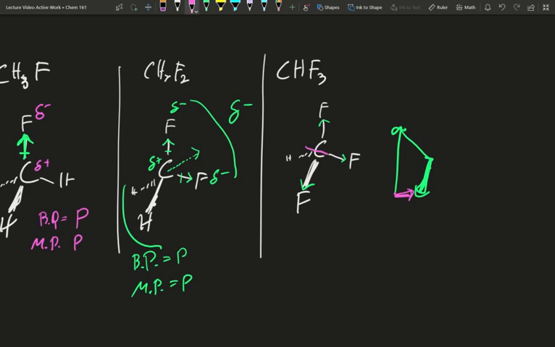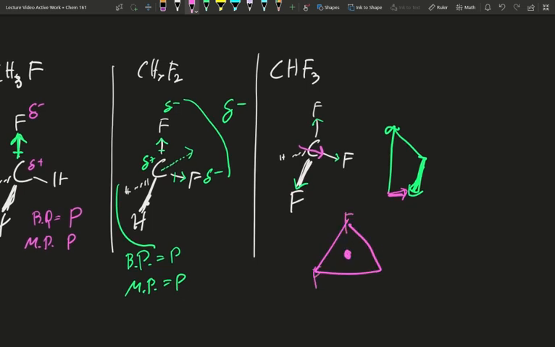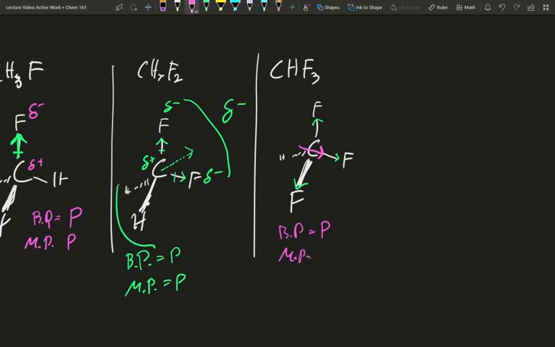I'm effectively coming between the three fluorines. It's a little hard to show here, but if I have a triangle, it's coming dead out of the center of them. So here's a fluorine, here's a fluorine, here's a fluorine. It's coming straight towards us right here. I still have a polarity. And so I have my bond polarity. Yeah, there's still plenty of bond polarity. And my molecular polarity, yep, overall, this molecule is still polar.